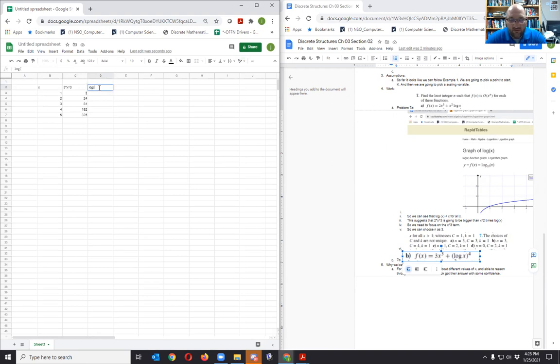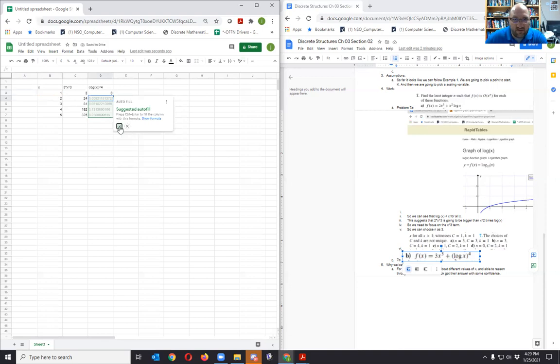log of x. Something like this. So this is going to be equal to log of this, and I'm just going to use a base 10, and then I'll drop in the exponential again.